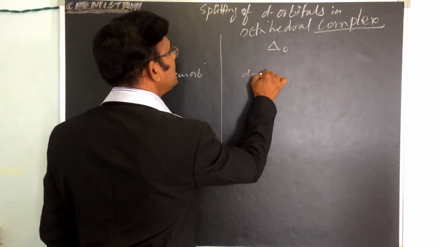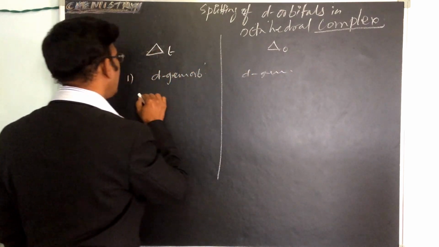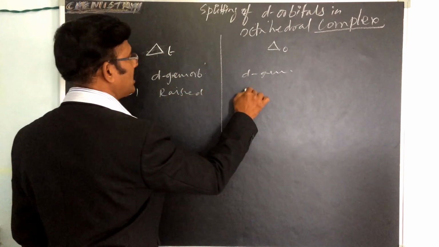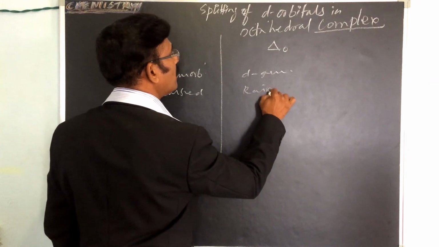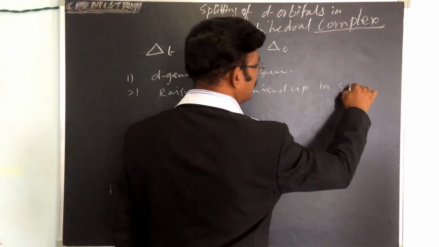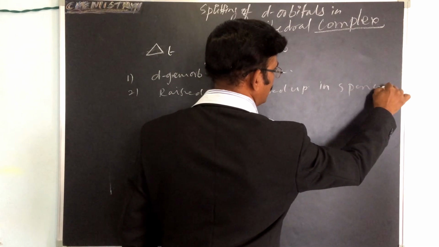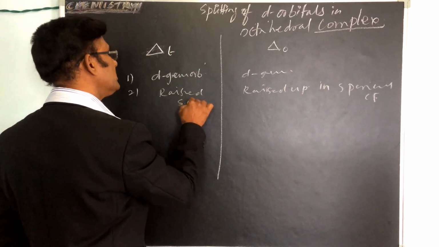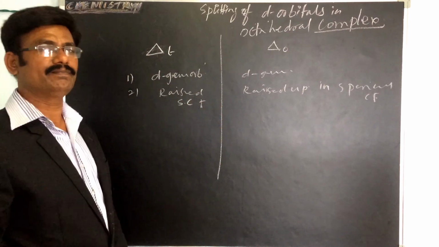Here also the degenerate orbitals are raised up on average in the spherical crystal field.